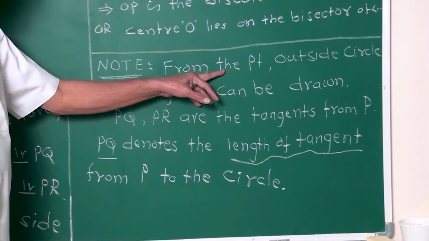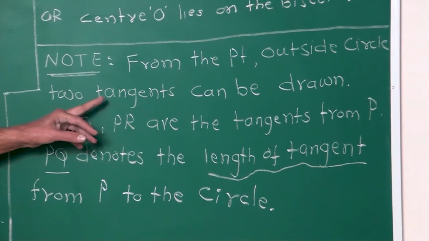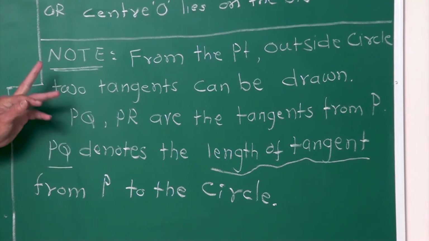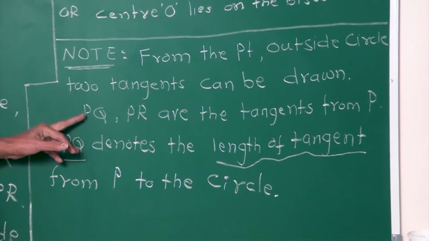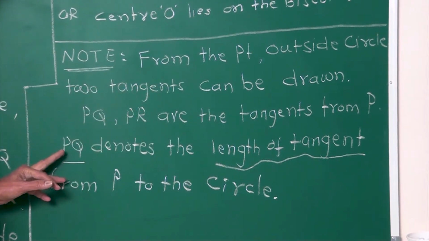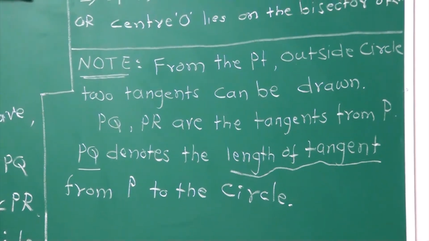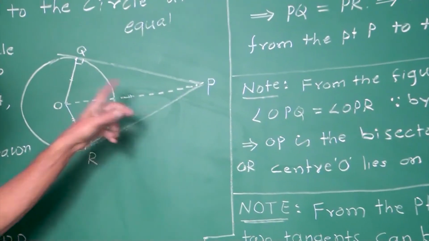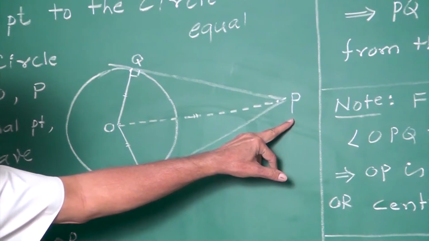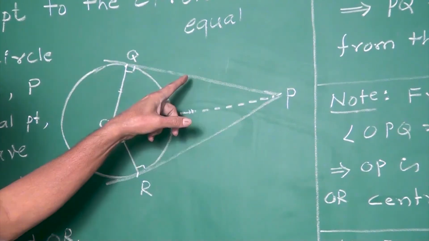From a point outside the circle, two tangents can be drawn to the circle. PQ and PR are the tangents from the outside point P here. This point lies outside the circle. From this external point, you can draw two tangents to the circle.